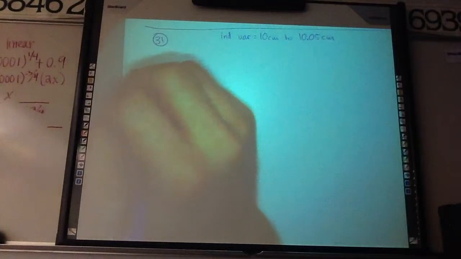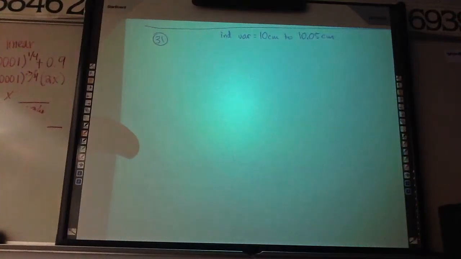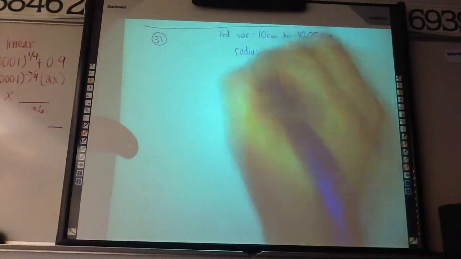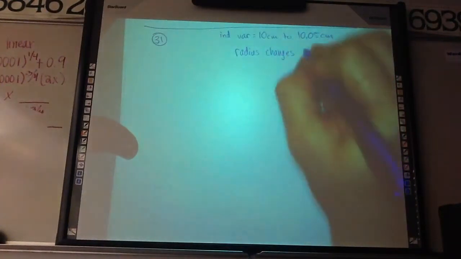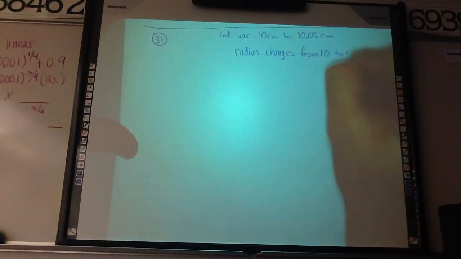So 31 is volume. It says the change in volume of a sphere. So you're going to calculate the change in volume of a sphere when the radius changes from a to a plus dr. Did you understand what that meant? Yes, the radius is going to change from 10 to 10.05.